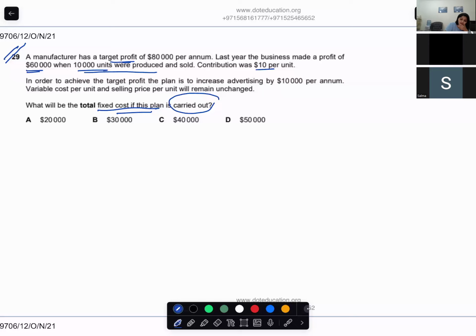Contribution was 10 per unit. In order to achieve your target profit, the plan is to increase the advertisement by 10,000 per annum. Variable cost and selling price will remain unchanged.